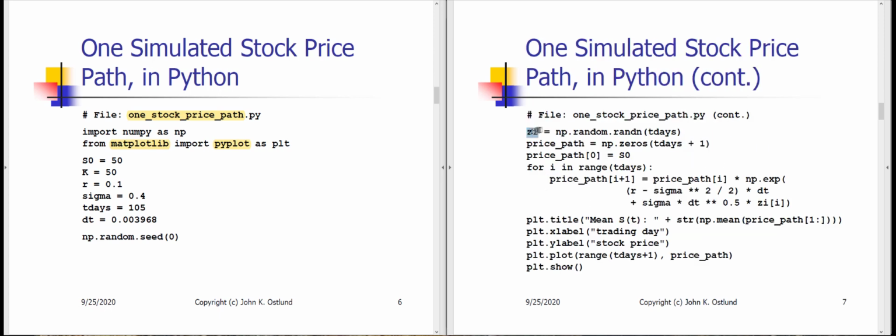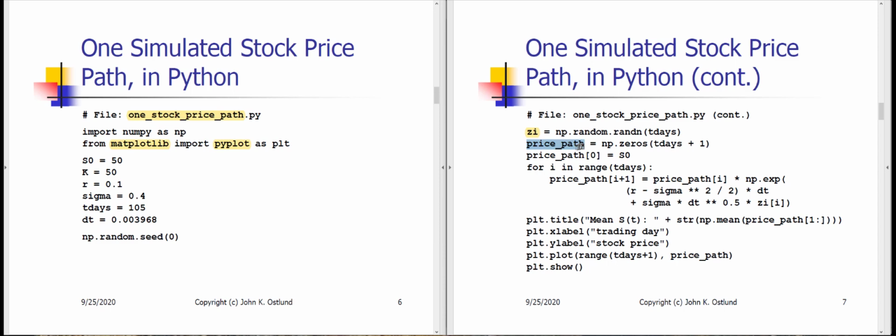Okay, so now we need to draw our z sub i's. That is, our draws from the standard normal distribution, one draw for each day for which we're going to simulate the evolving stock price.